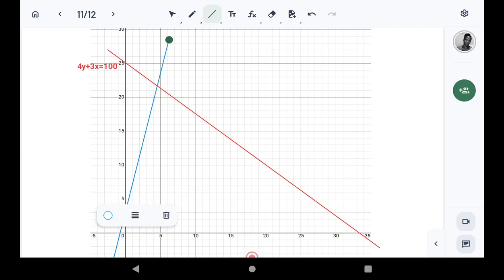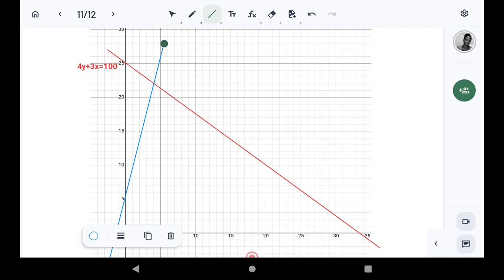This should meet right around there. Around this point where your x equals 4 and your y equals 22. This is where they should meet. Okay, let me try and fix that. Around this point, that's where they should meet.